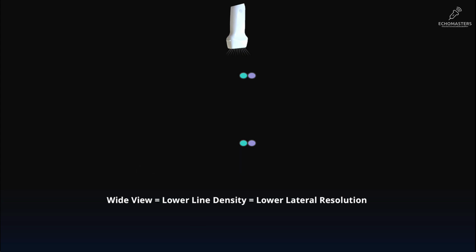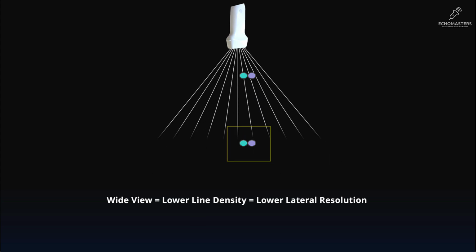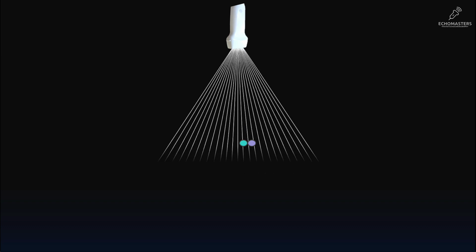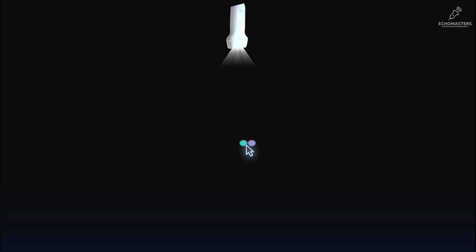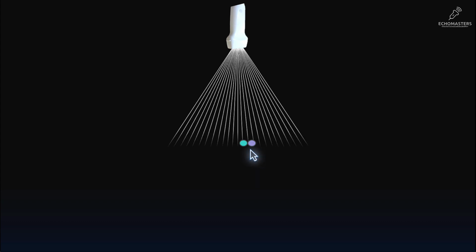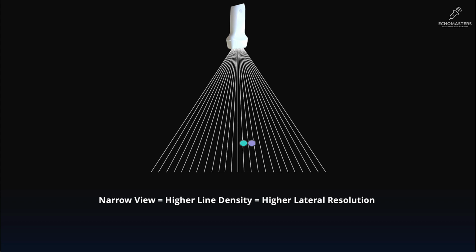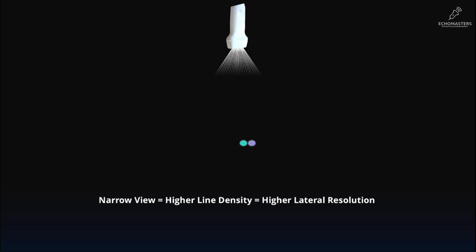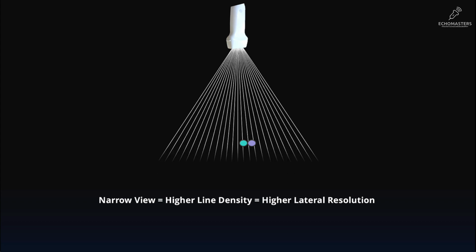So with that, we know that a wide view would have lower line density and lower lateral resolution. If we narrow the sector, we would have more lines in the sector, and the machine now would be able to differentiate between these two objects at the same distance because they are covered by multiple scan lines. So remember, a narrower field gives you higher line density and improves your lateral resolution.